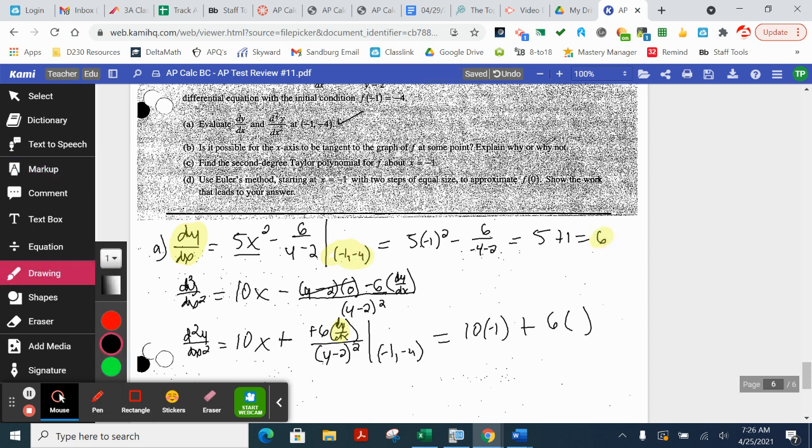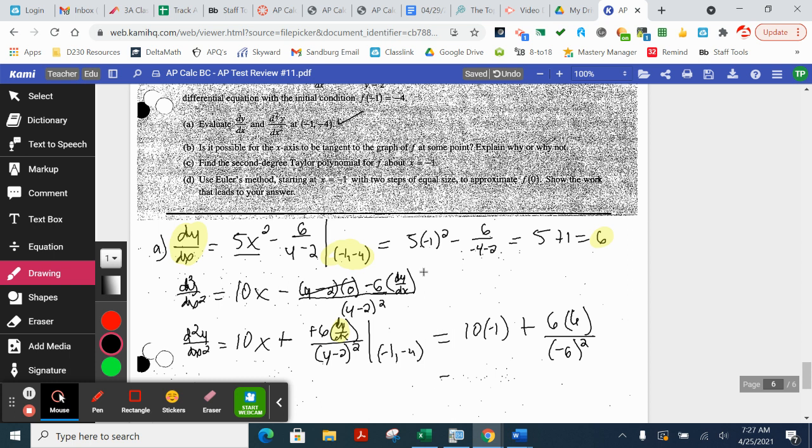So couldn't we just right away say that that is going to be a 6? And then divide that by the y minus 2, with y being the negative 4. So that's a negative 2, or negative 6 squared.